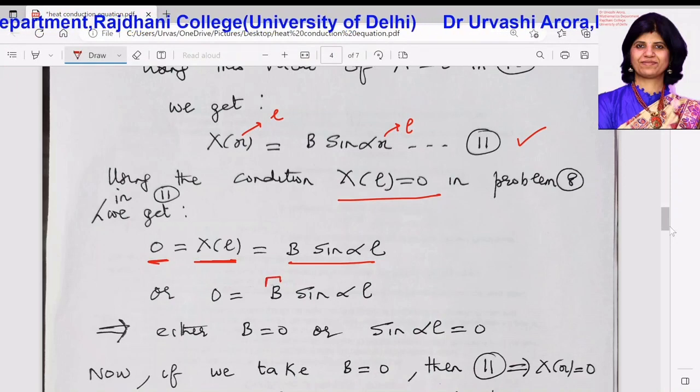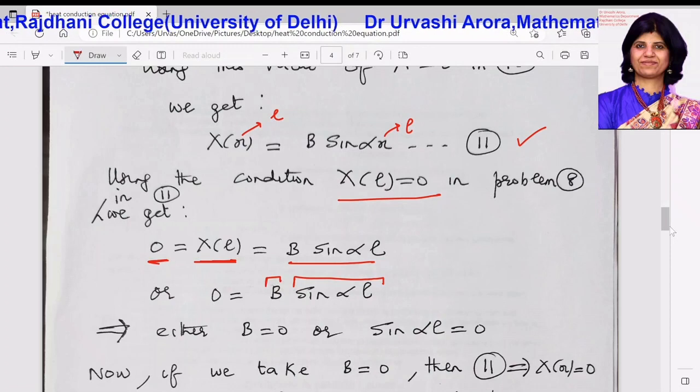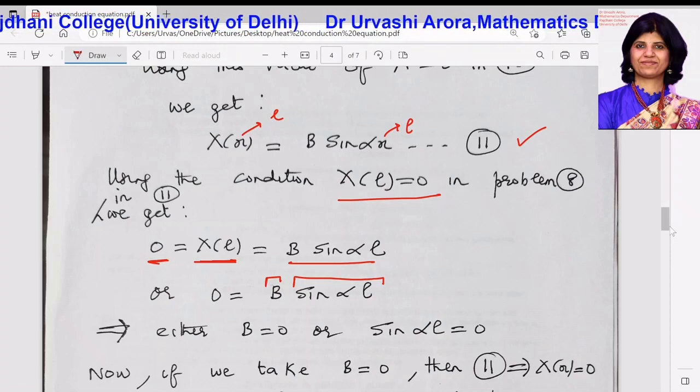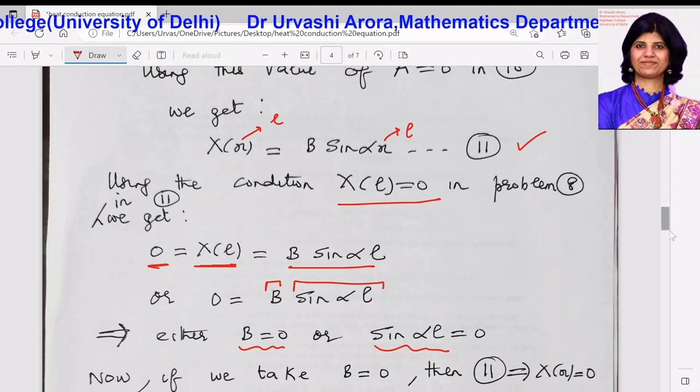Now this expression is a product of two terms. Since this product is 0, either B should be equal to 0 or sin alpha L should be equal to 0.